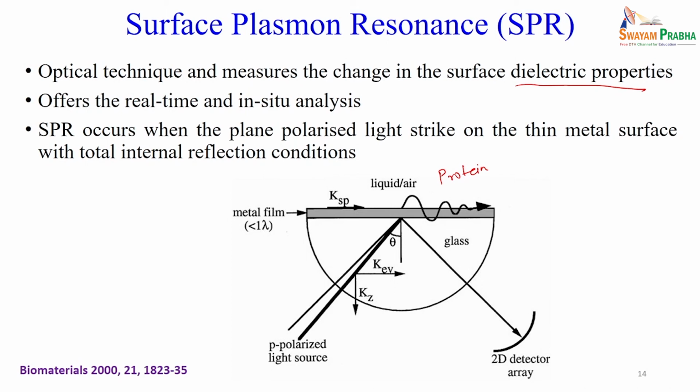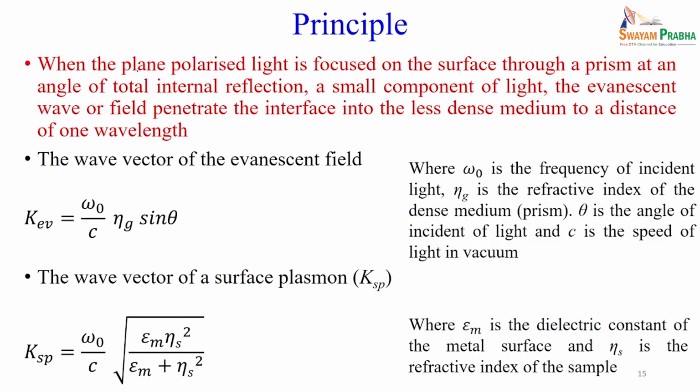We have two waves, one is KEV and the other is KSP. When plane polarized light is focused on the surface of a prism, typically we have a prism surface for SPR that is coated with gold, and its angle is, let us say, some theta angle.